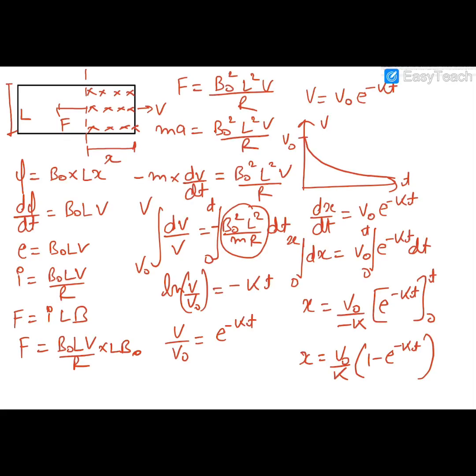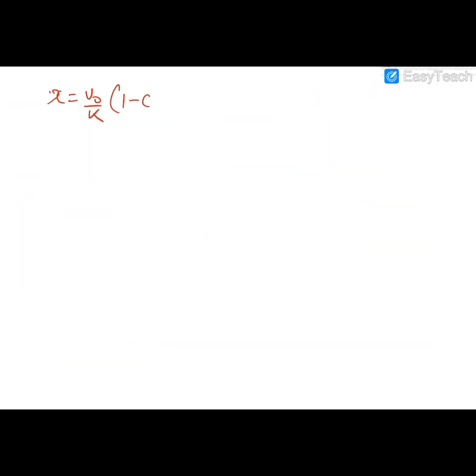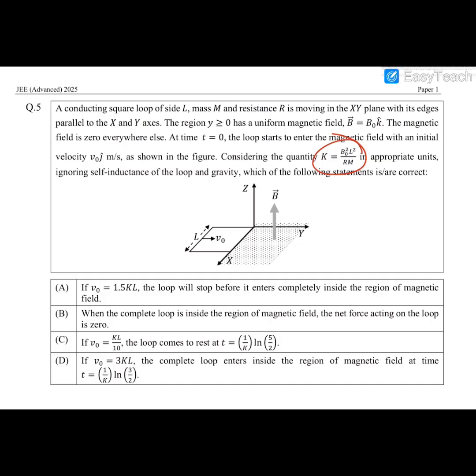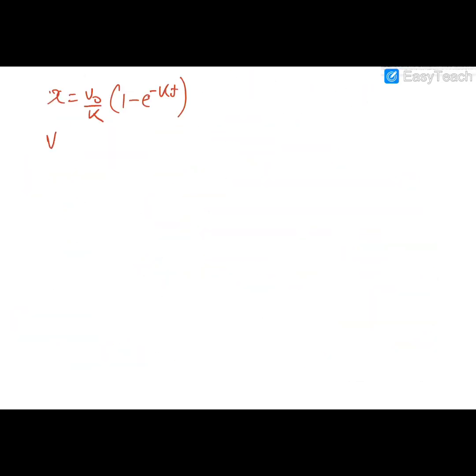Okay, this is x. So x is v naught by k and 1 minus e to the power minus kt. Okay, and if the value of v naught is 1.5 kL, x will be equal to 1.5 L into 1 minus e to the power minus kt.